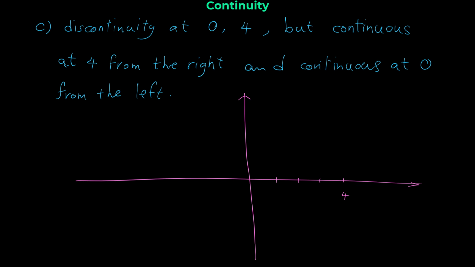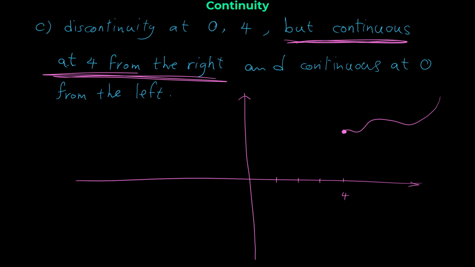Continuity from the right means that at 4 you don't have an infinite discontinuity, or actually we are connected from the right to the value of the function. Let's say at point 4 the value of the function is somewhere here. Then you have to connect your graph from the right to 4. Why? Because the function is continuous from the right at 4.